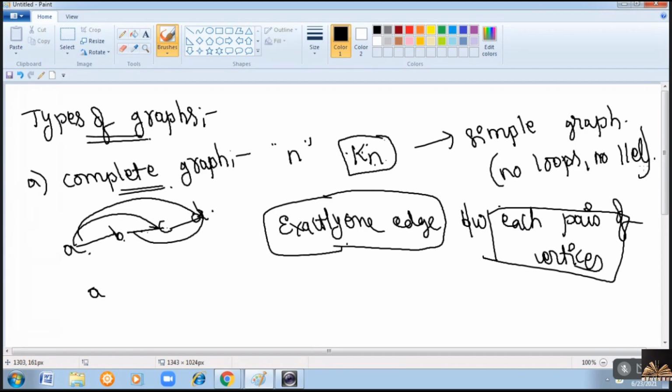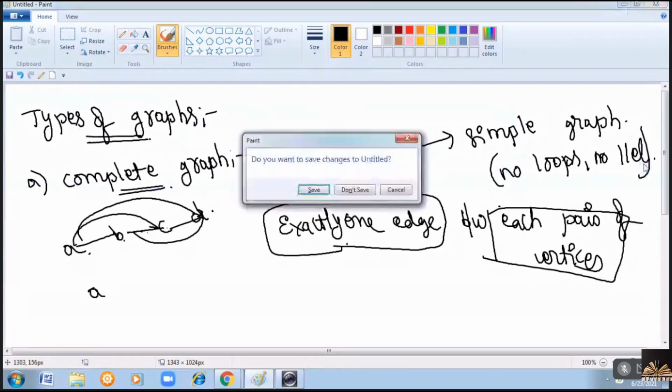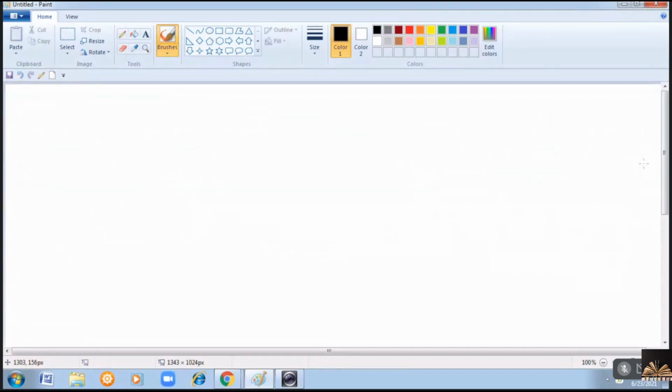A complete graph with n vertices is denoted as Kn, which is a simple graph containing exactly one edge between every pair of vertices. So K2 means there exist two vertices, and between this pair of vertices there should be exactly one edge. So it is a complete graph with two vertices.